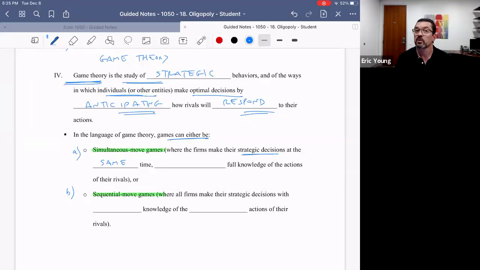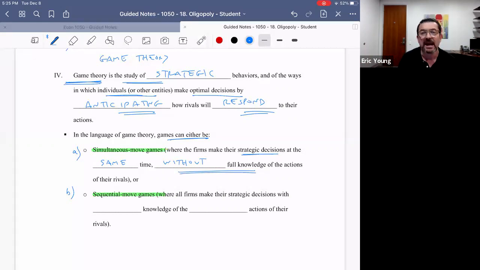But notice that what's really critical here, it's not just that the firms are making their decision at the same time, it's that because two different firms are deciding at the same time, each firm is making a decision without the full knowledge of the actions of their rivals.